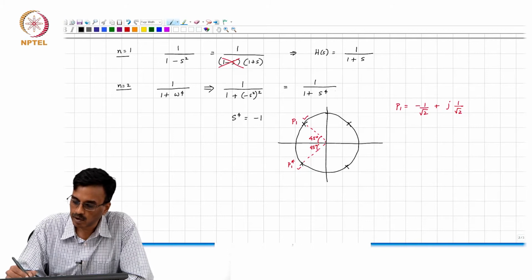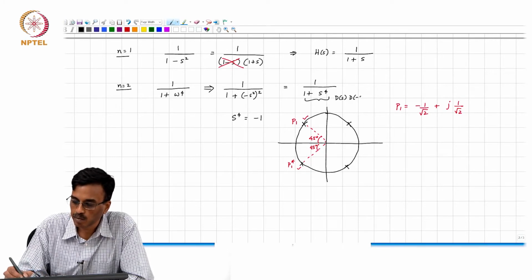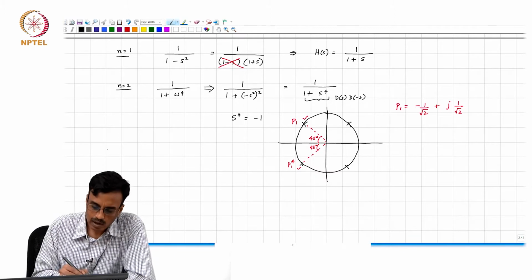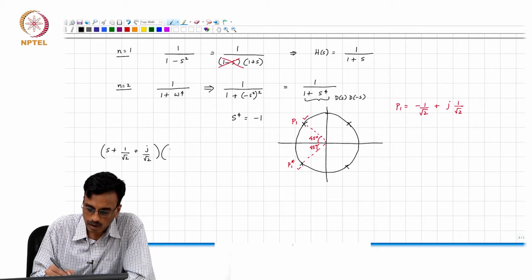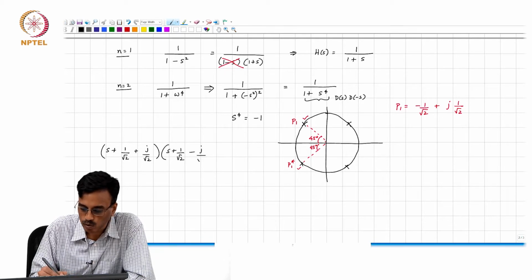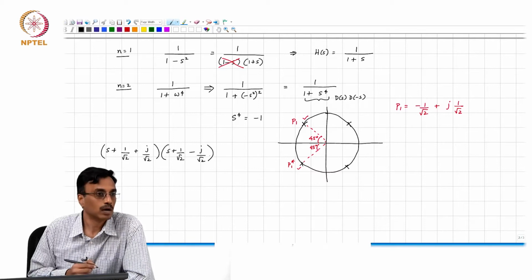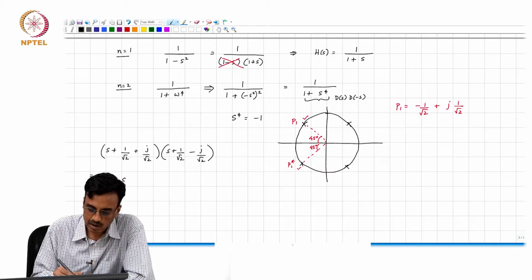So, this is, remember, d of s times d of minus s. So, what is the polynomial? It is s plus 1 by root 2 plus j by root 2 times s plus 1 by root 2 minus j by root 2, and that is simply nothing but, yes, please do the math.